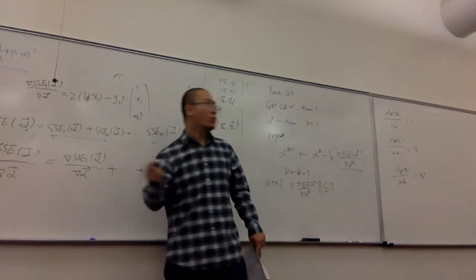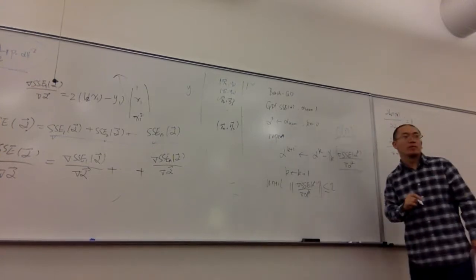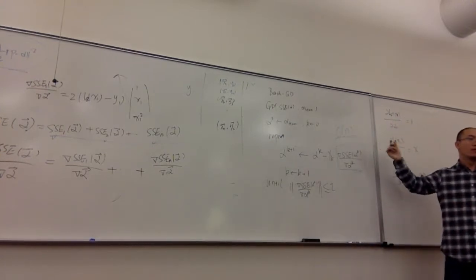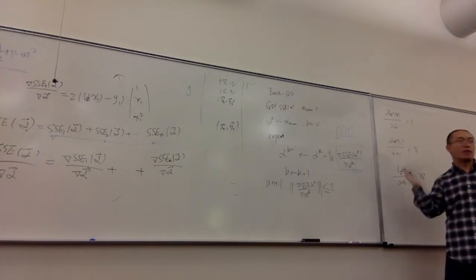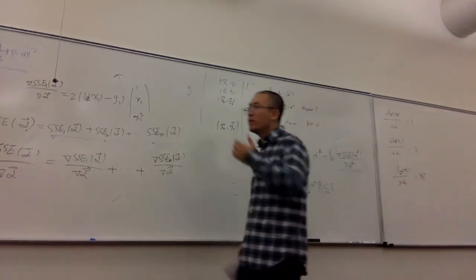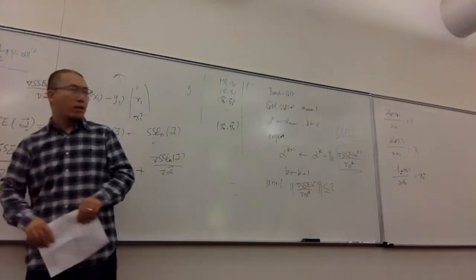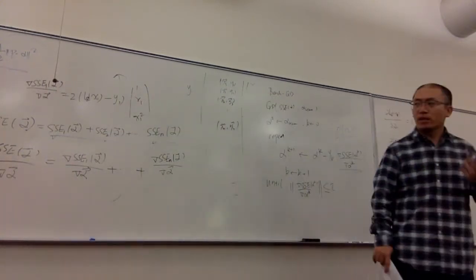Right? So that means the computation complexity is O(n), right? Proportional to the number of training instances, or in other words, the size of your training data. So that might sound okay for you because it is linear to the size of training data.